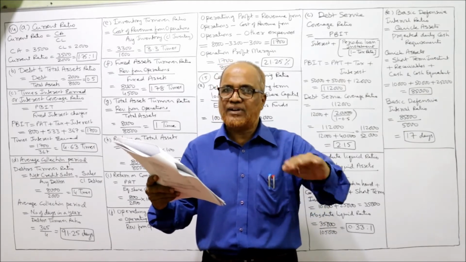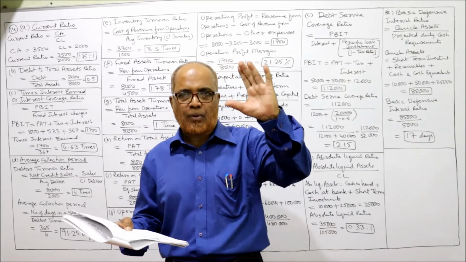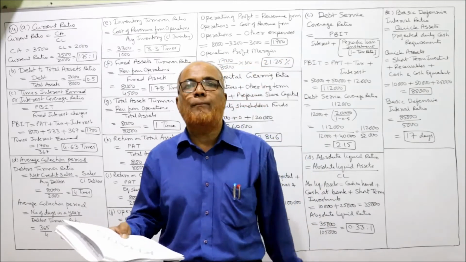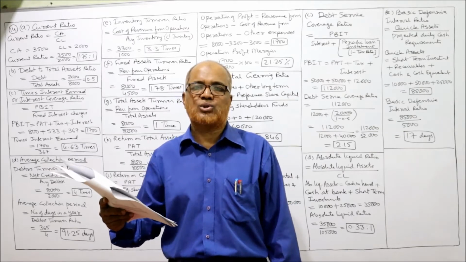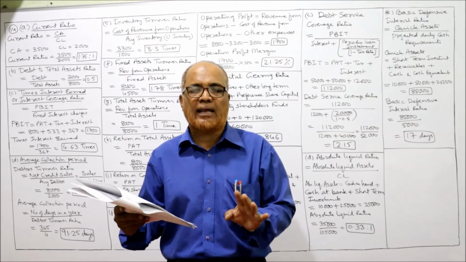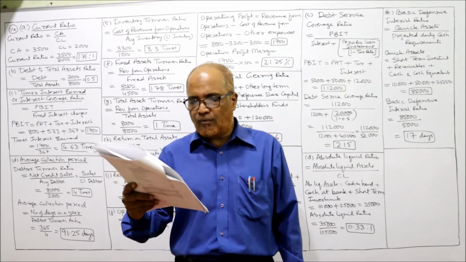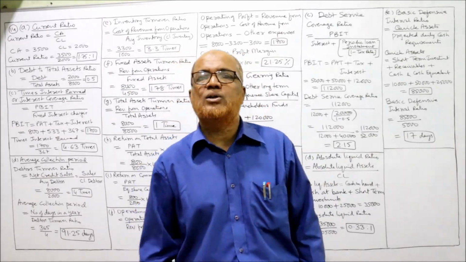Then net profit after tax 800. So we are given the profit and loss statement and the balance sheet. What it is asking is to calculate the following ratios. Specifically a few ratios are given and you are required to give the calculations. One by one we'll try to calculate the ratios.